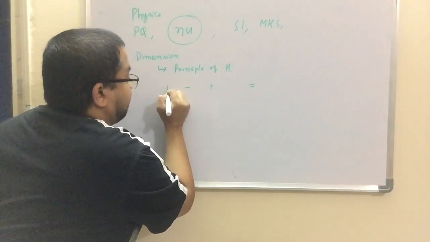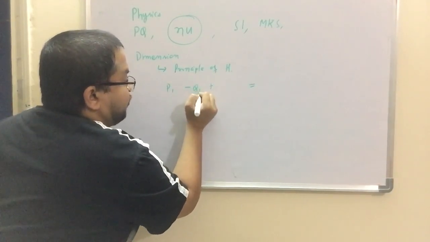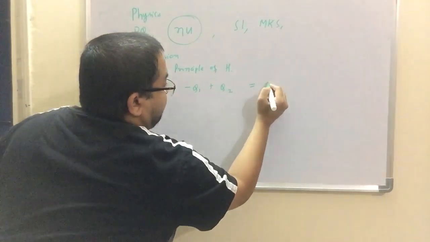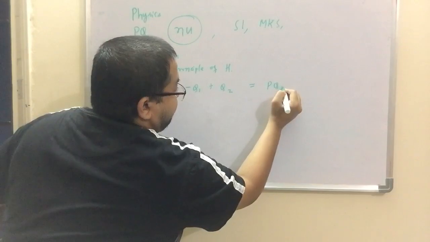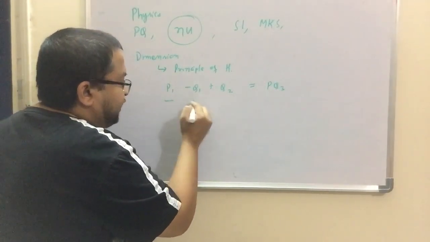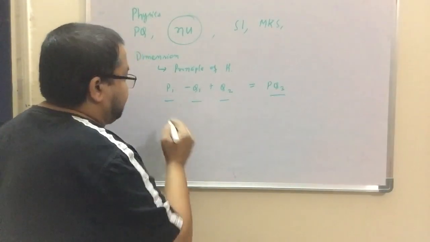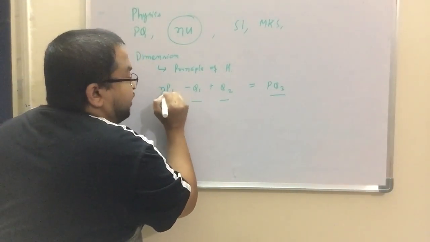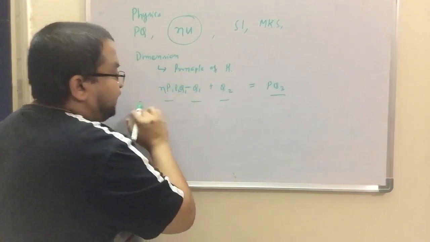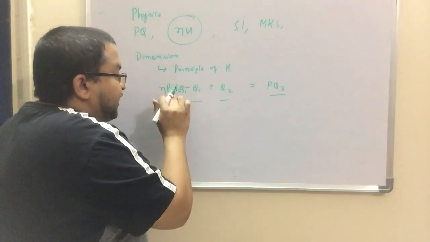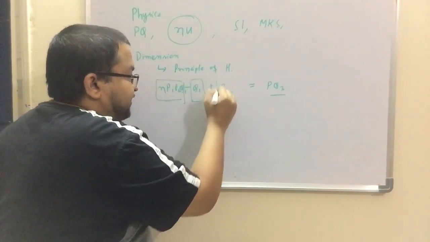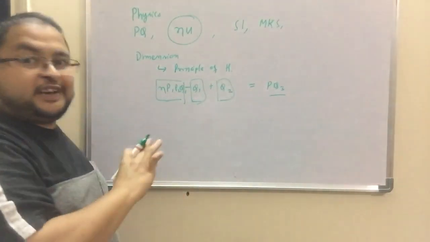So if we have physical quantity P1 minus Q1 plus Q2 equals PQ3, then the dimensions of each of these quantities must be the same. Similarly, if it is NP1 or NP1 into P2 into Q1, each of these physical quantities should be dimensionally the same, or else we cannot establish that as an equation.